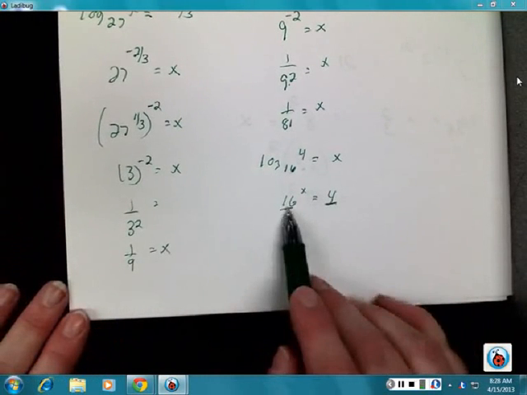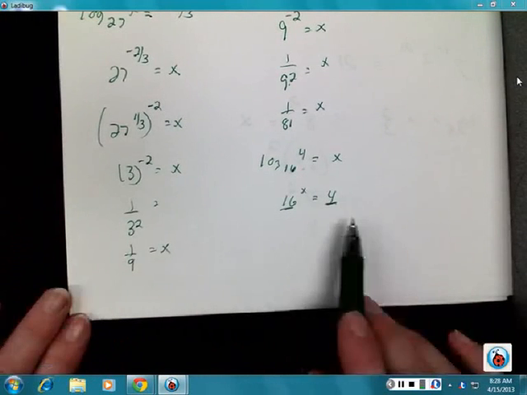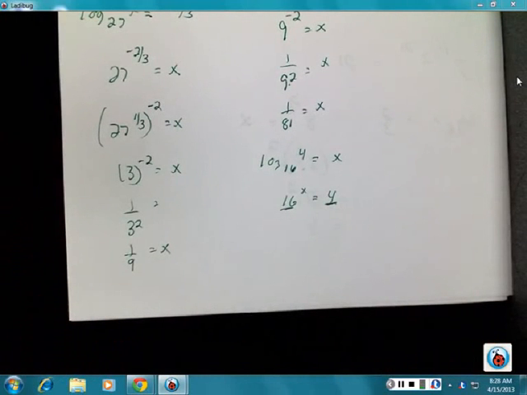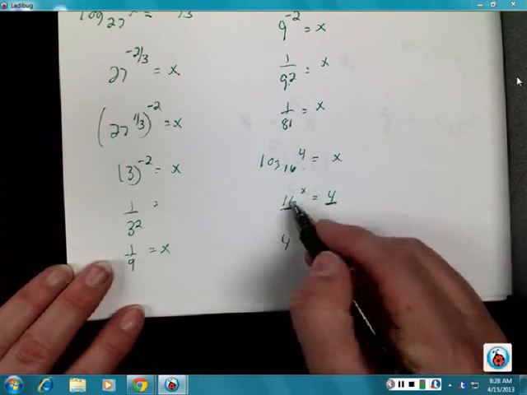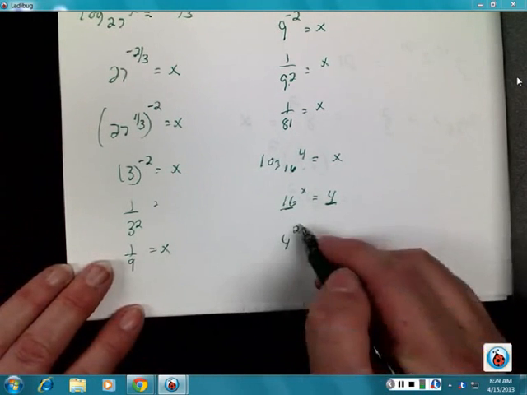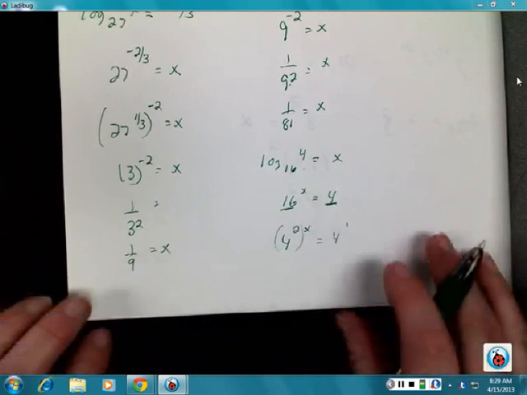If you look at 16, what do we know about 16 in relationship to 4? Yeah, perfect square of 4. So 16 is equal to 4 squared, times x, and 4 is, of course, to the first power up here.